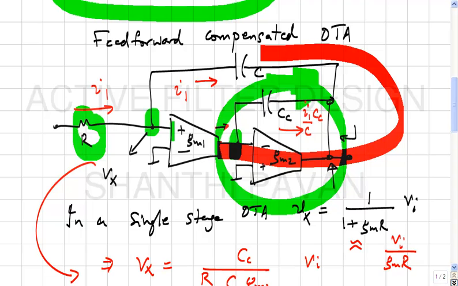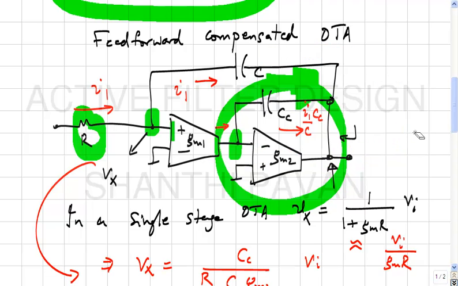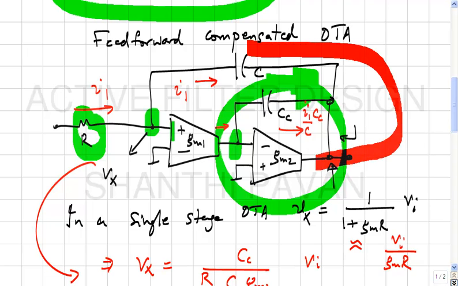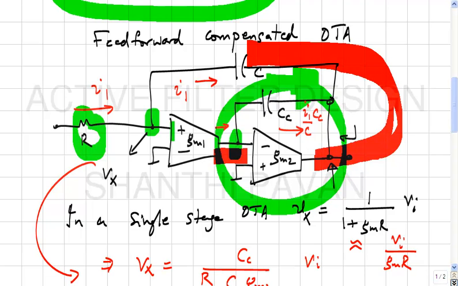Now, what is happening? Thanks to GM2, of all this current, only a small portion of this I1 is needed. A lot of current flows in here, but only a small portion of that, which is given by I1 times CC by C, is required to be provided by GM1, which basically makes its job easier.